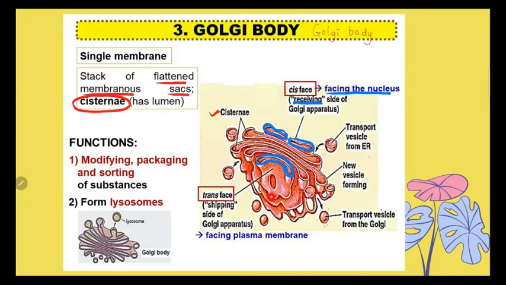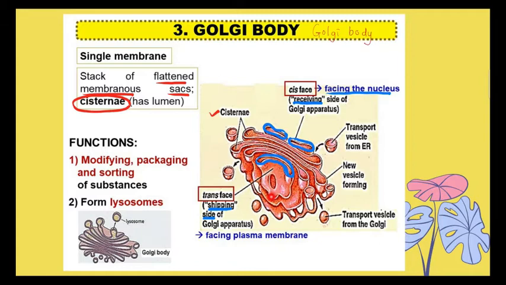Opposite from the cis face, the trans face is the shipping site of the Golgi apparatus or Golgi body. So the trans face will transport out the substances, to ship the protein or substances out of the Golgi body.